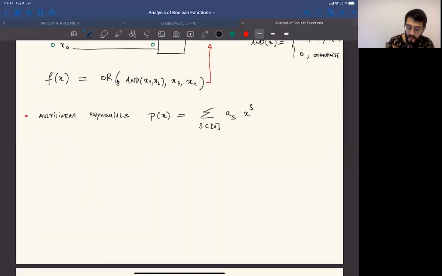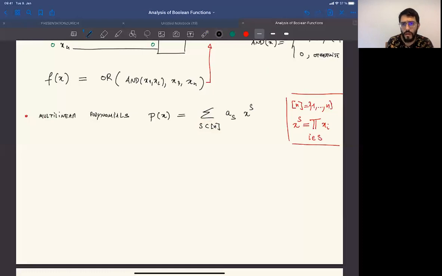It's a sum that runs over the subsets S of [n], and [n] here will always be the set from 1 to n. And x to the power S, if S is a subset of [n], is just the product of xi, i belonging to S. Great, so that's what a multilinear polynomial is.